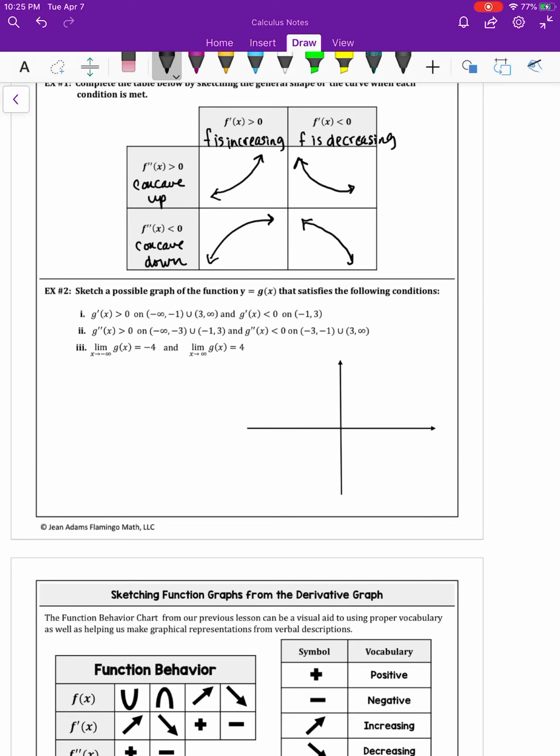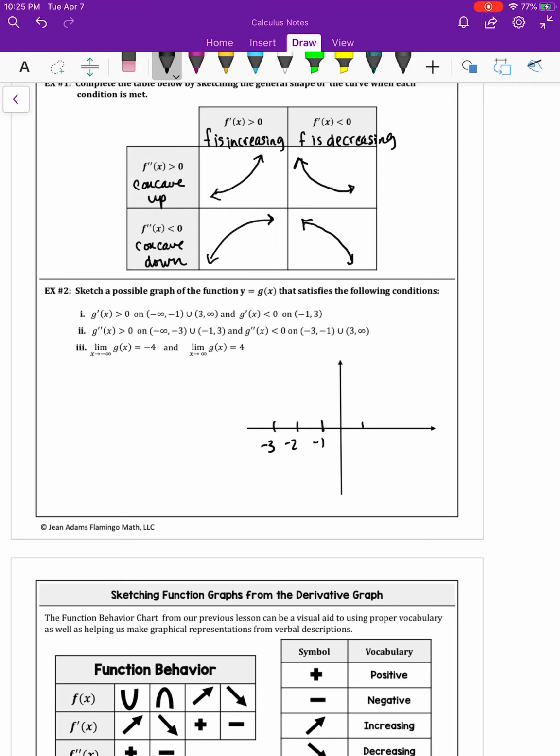Example number 2, sketch a possible graph of the function y equals g of x that satisfies the following conditions. The first condition is that the derivative is greater than 0 between negative infinity and negative 1, and also from 3 to infinity.